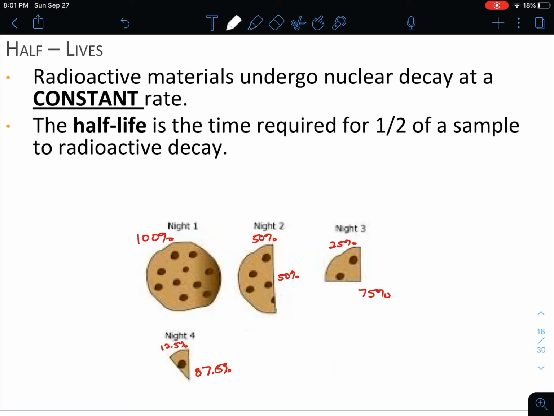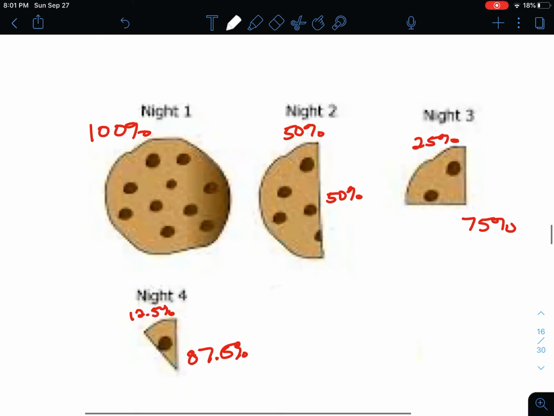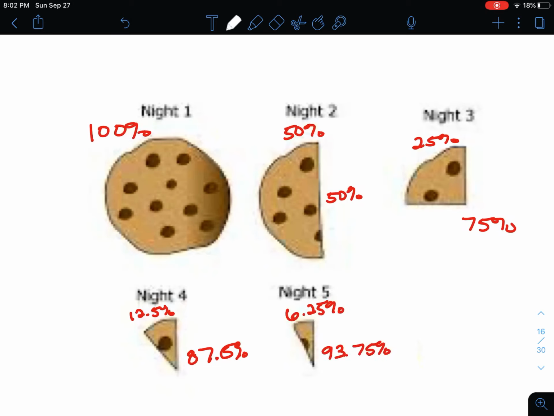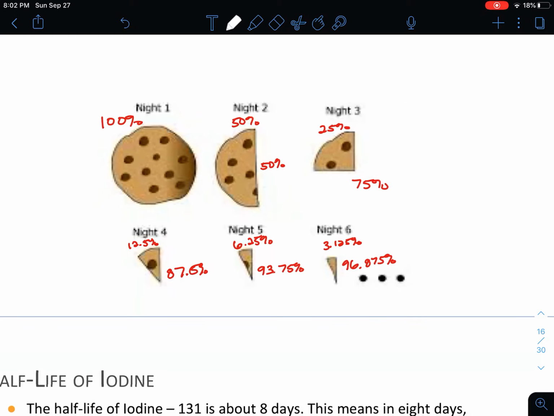The next night, 12.5% is remaining of the original 100. 87.5% is gone. Cut it in half again, 6.25% is remaining. So every night, half of it goes away, and as you see, it decreases by half every half-life. For this cookie, 1 day is the half-life.